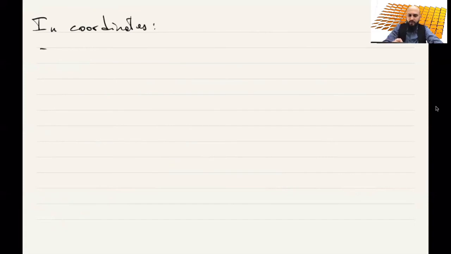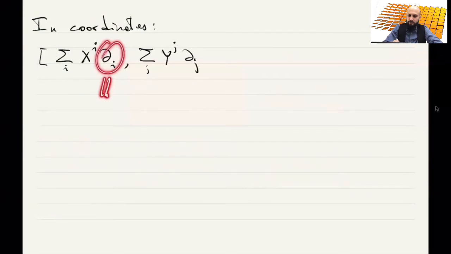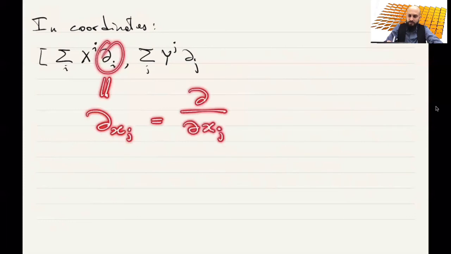If you have a vector field, you say, X equals the sum over i of functions X_i times the standard vector fields in R^n, and Y equals the sum over j of Y_j ∂_j. Maybe I denoted this before as ∂/∂x_i, but this is also sometimes denoted ∂/∂x_j, because these are really the j-th partial derivative.